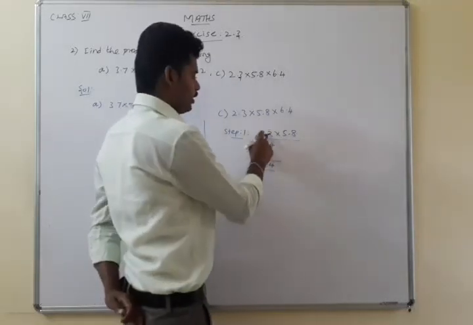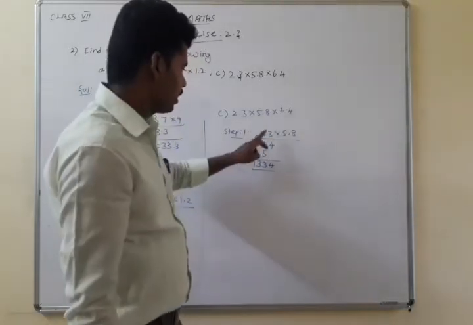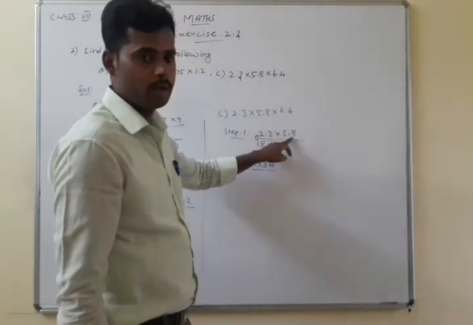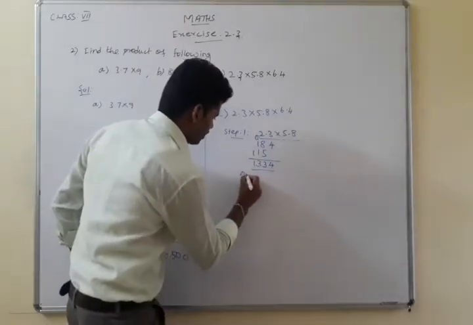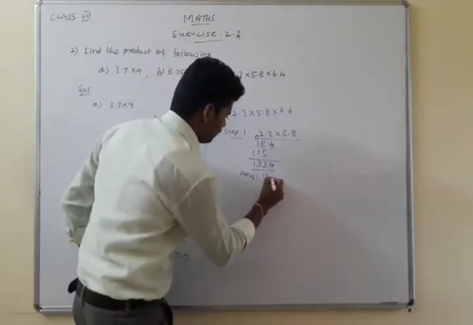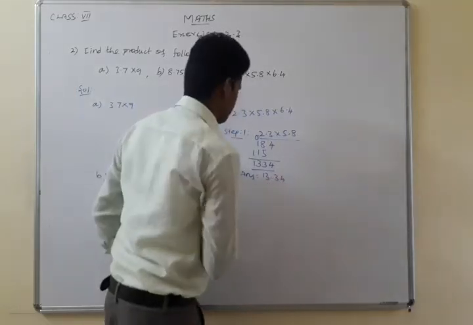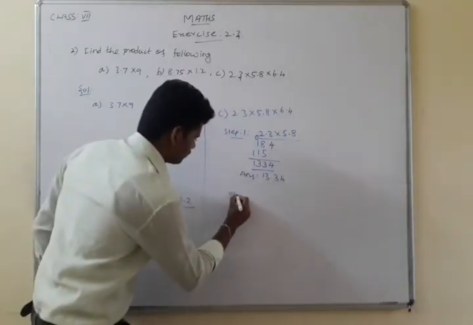Here 2.3 has 1 decimal place and 5.8 also has 1 decimal place, so total 2 decimal places. Here the answer is 13.34.